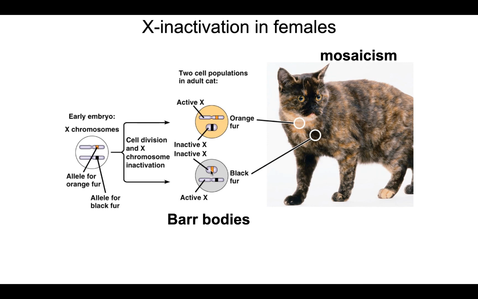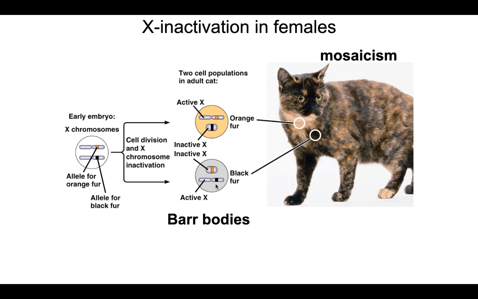Now, in some animals, you can actually detect this random X inactivation. For example, cats. Your tortoiseshell cats always have to be female. Why is that? Because the gene for fur color is on the X chromosome. There's an allele that gives rise to orange fur, and an allele that gives rise to black fur.